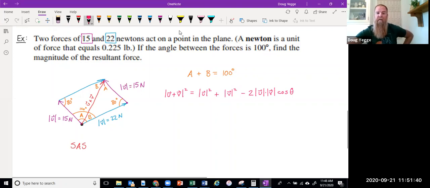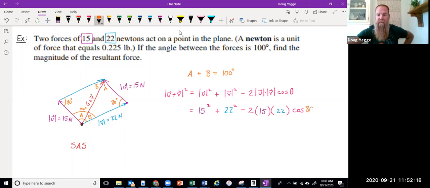So this is just a matter at this point of plugging everything in. The magnitude of u is 15, so we've got 15 squared, plus the magnitude of v, which is 22 squared, minus 2 times the magnitude of u, 15, times the magnitude of v, 22, times cosine of the angle between them, so we're taking cosine of 80 degrees.